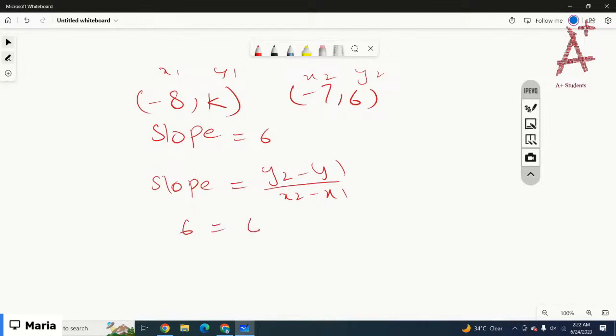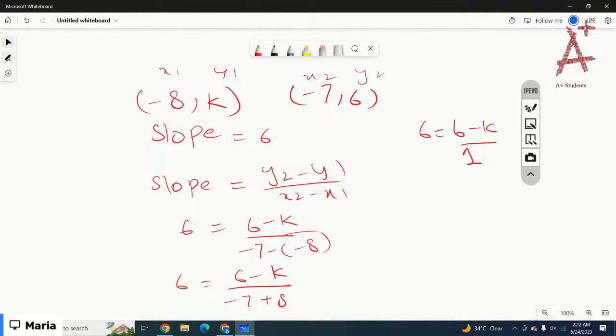y2 minus y1, it is 6 minus k. x2 minus x1, it is negative 7 and negative 8. Got it? Now we have to just solve this equation for k. It is 6 equals 6 minus k over negative 7 plus 8. Subtracting a negative number is the same as adding. Got it? So it would be 6 equals 6 minus k over 8 minus 7, which is just 1.